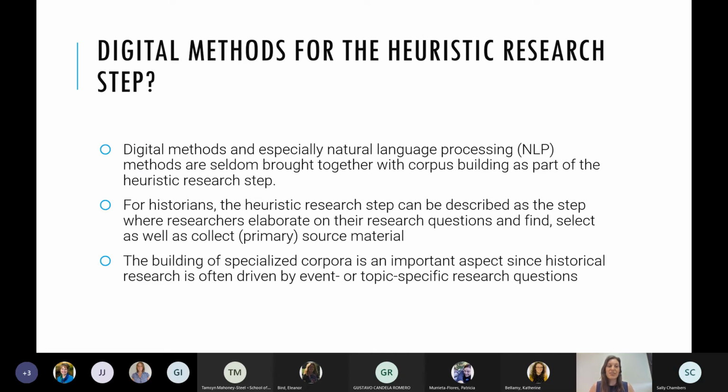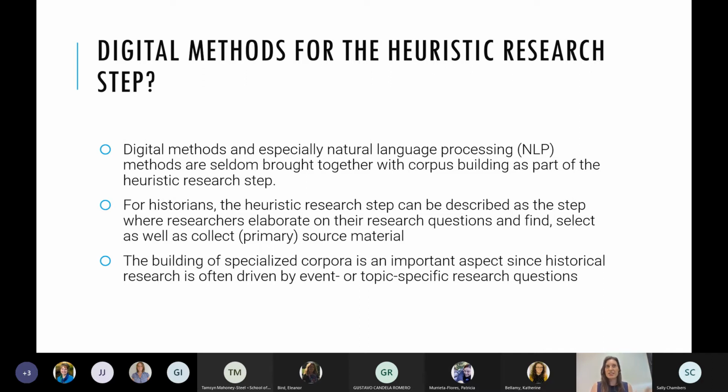So, digital methods for the heuristic research step, especially for the corpus building, and especially natural language processing methods, which can be understood as methods to understand natural text or also spoken words. They are seldom brought together, but it's an important part of the heuristic research step for historians.